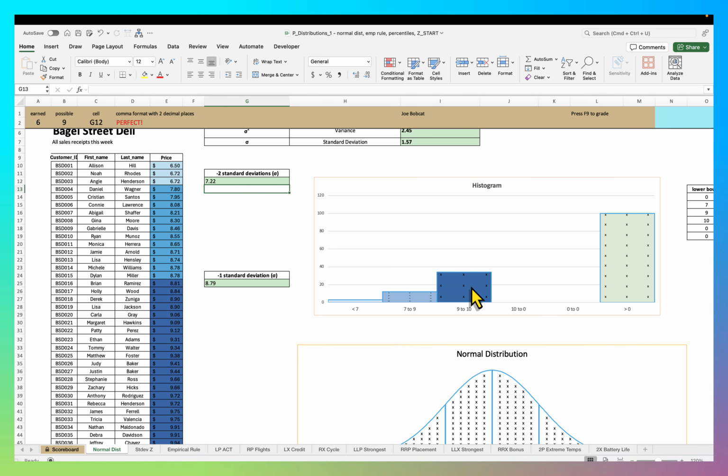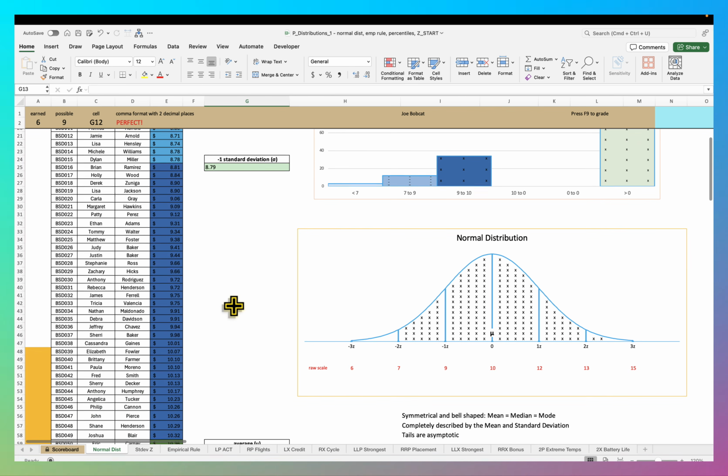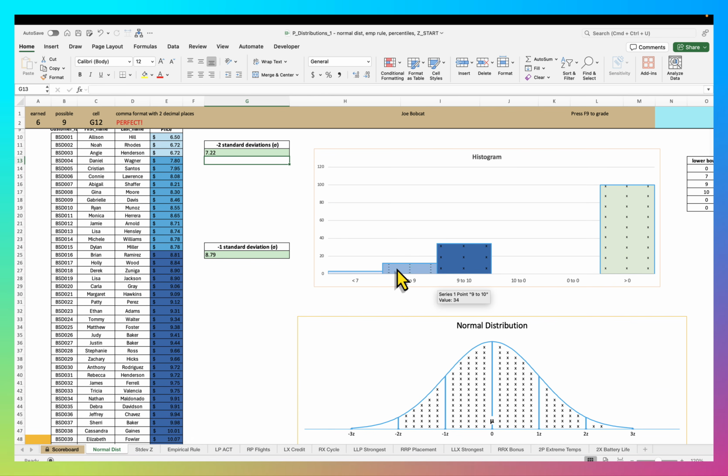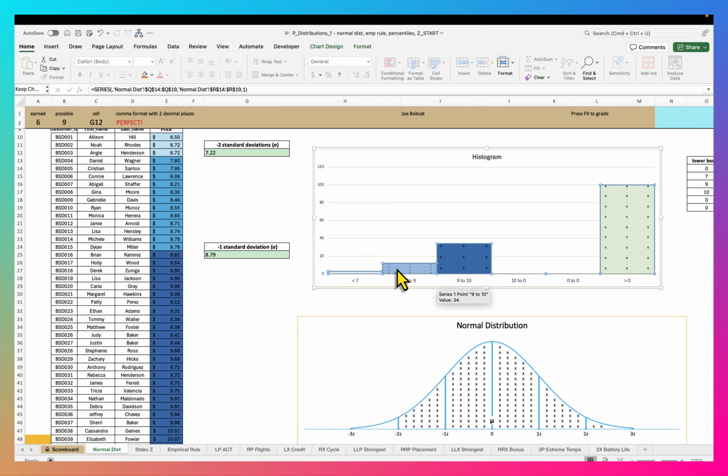Now, as you can see, we're also counting the number of values that fall in each bucket over here. So it looks like there are 34 values within one standard deviation of the mean. And then here, there's fewer. In this group, and then fewer still in this group.